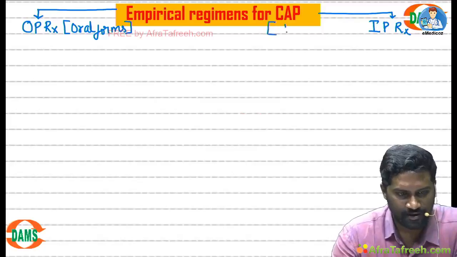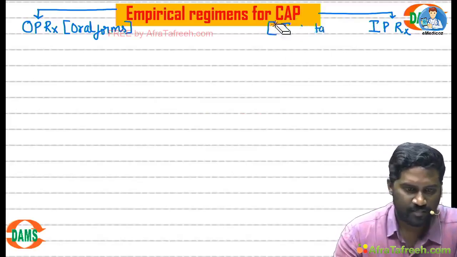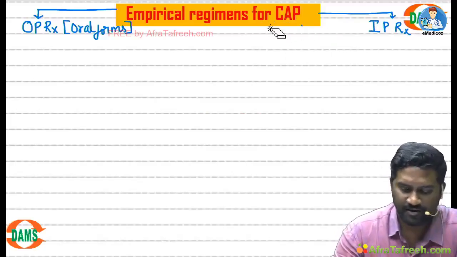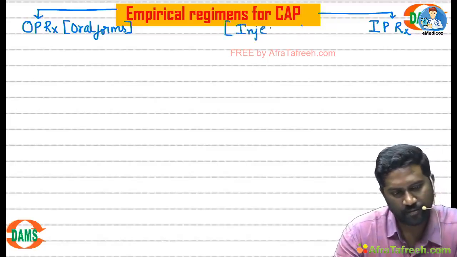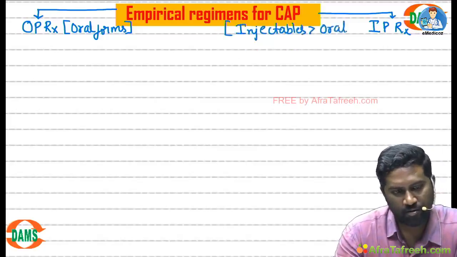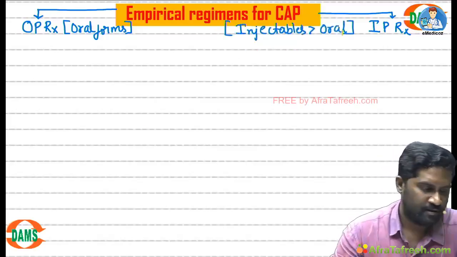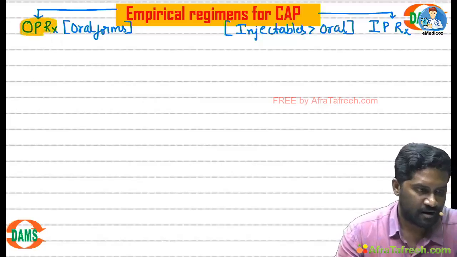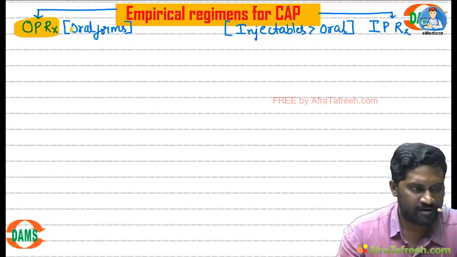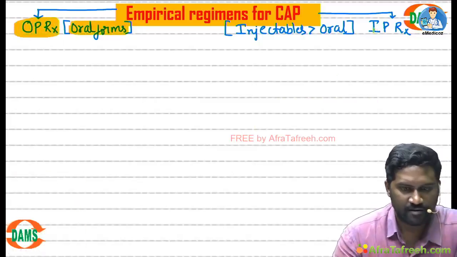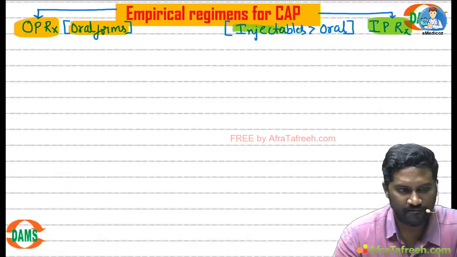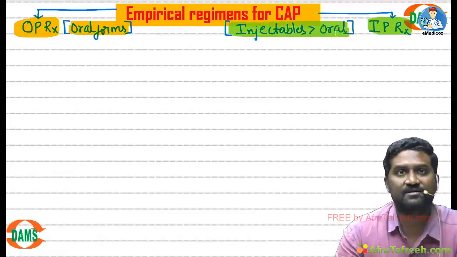In the hospital we generally prefer injectables more than oral forms. So very simple, where exactly? Is it outpatient treatment where we generally give tablets, or is it inpatient treatment where we generally give injections?